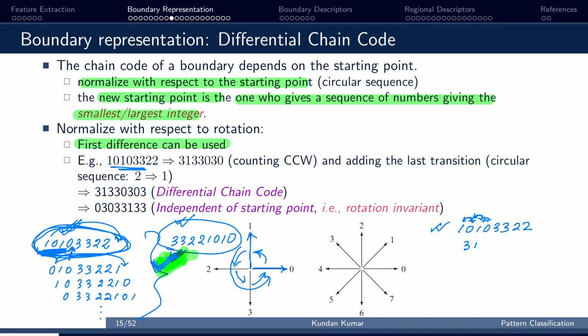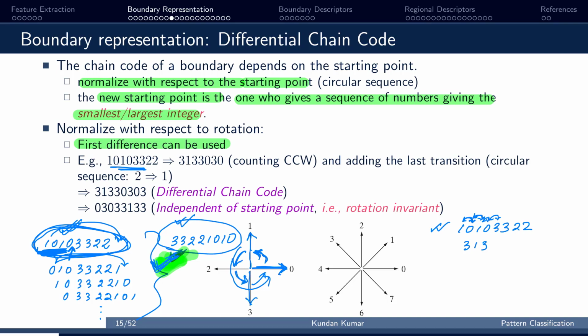Similarly, for 1 0 we already found it is 3. Let us check 0 to 3. Here 0, and we have to move anti-clockwise. This is 1 step, this is 2 steps, and this is 3 steps.